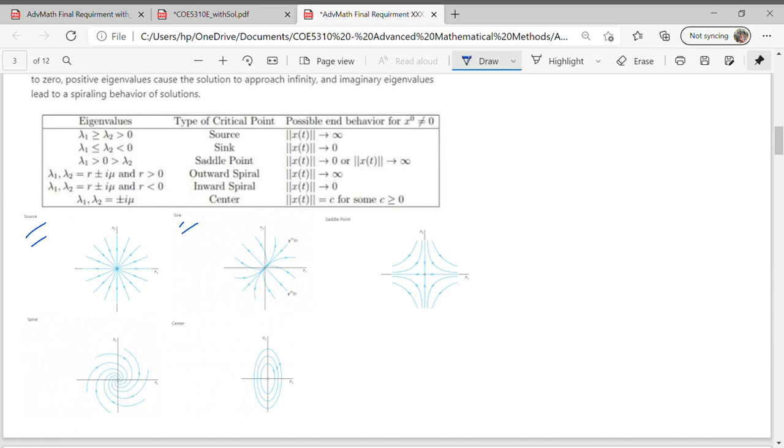When one eigenvalue is greater than 0 and another one is less than 0, we call it a saddle point, wherein some of the arrows are coming in and some of the arrows are coming out from the fixed point.